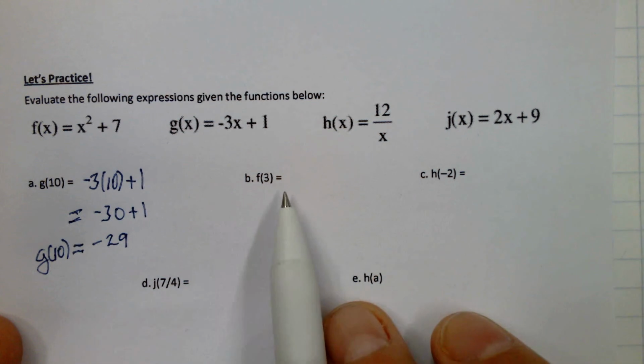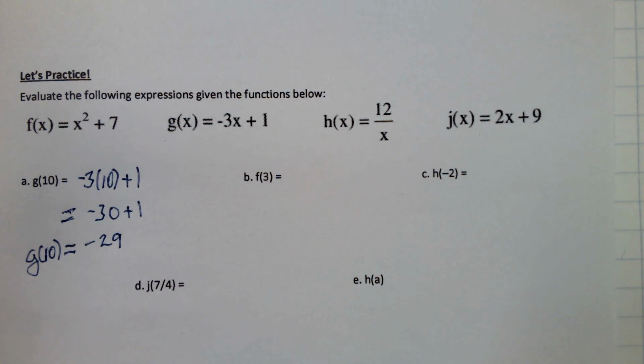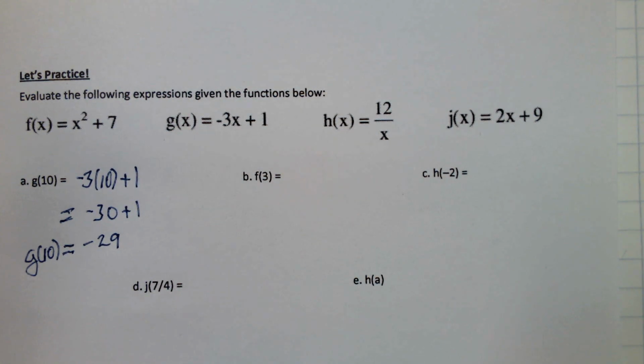Okay? Now try the same thing with f of 3. Do that one on your own. F of 3. Work it out. We'll just do A, B, and C, and then we'll try F, G, and H. Okay.